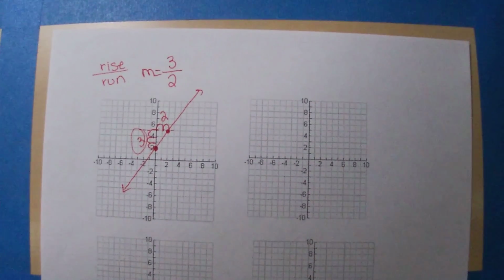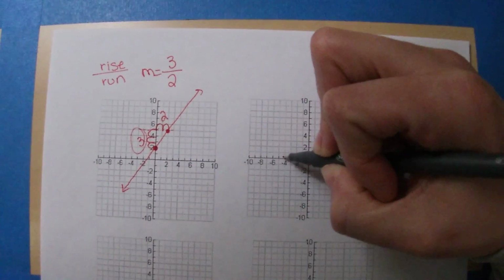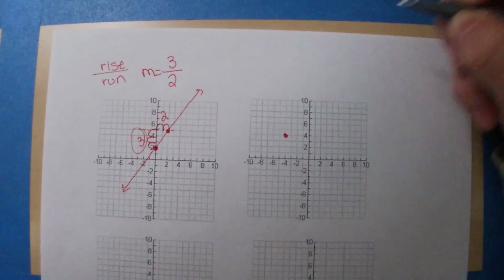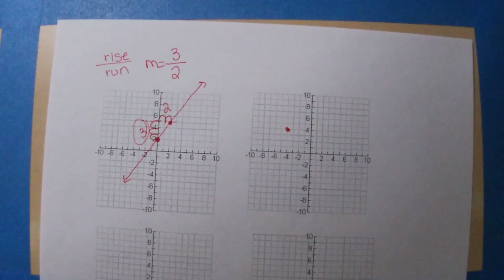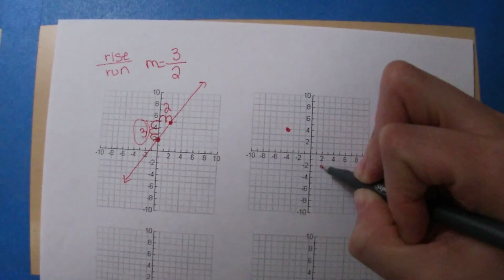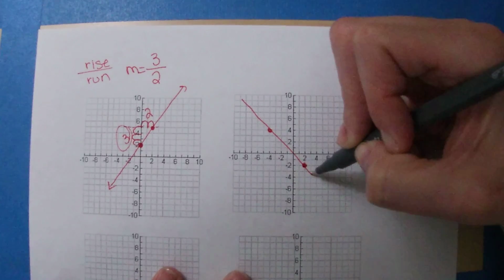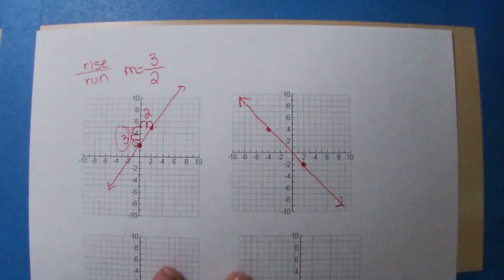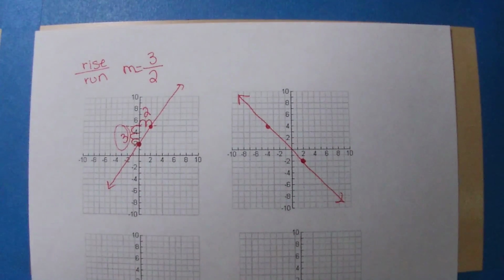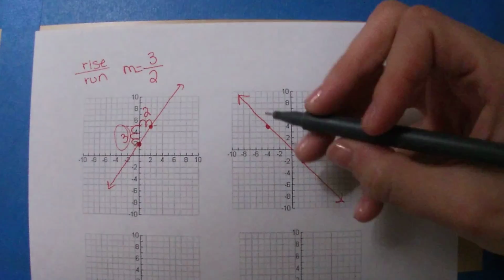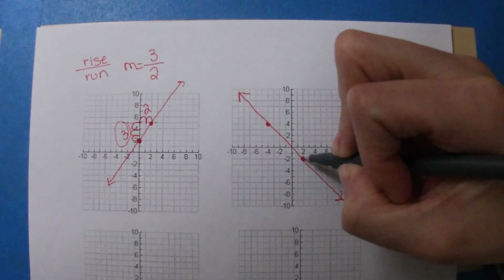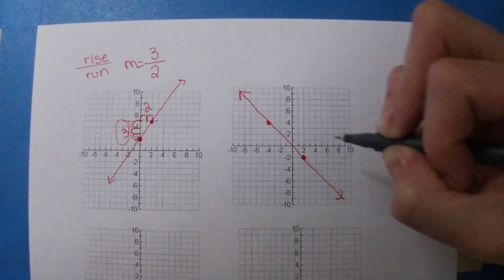Okay, so let's look at another one. Maybe we have a point at -4, 4, and at 2, -2. So here's our line. We have our 2 good points. So again, I do whatever is either lower or left. Here I usually do lower first, but if I start here, I'll show you both ways so you can see both.